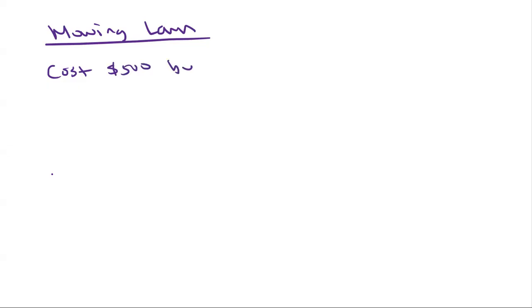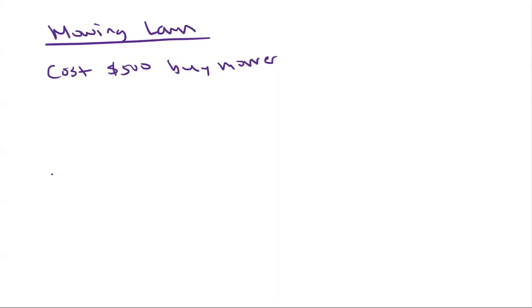Let's say you're mowing lawns. You paid $500. So it costs you $500 to buy a mower. And so you have a lawn mowing business. Cost you 500 bucks. You bought this nice lawnmower.